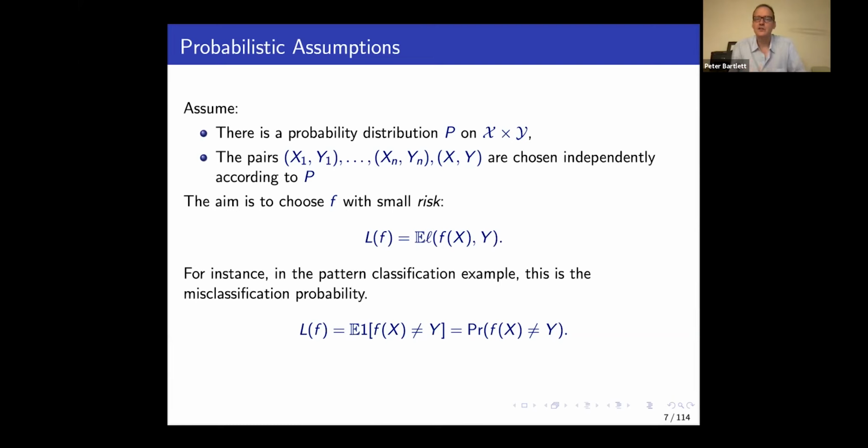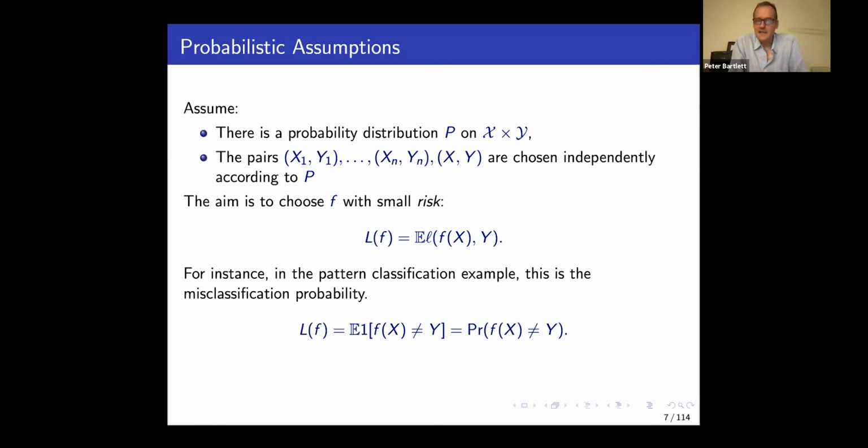All of these things are chosen independently according to this probability distribution P. And we're aiming to have the expected loss that we incur with our predictions be nice and small. We call this the risk. We're using the symbol capital L of f, for a function f that's making predictions, to denote the expectation of the loss incurred on a random XY pair.